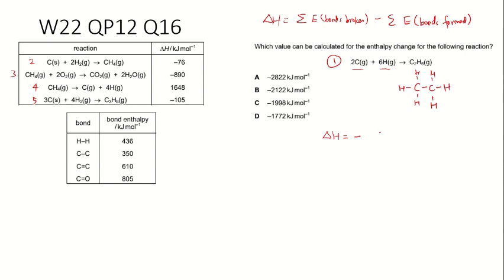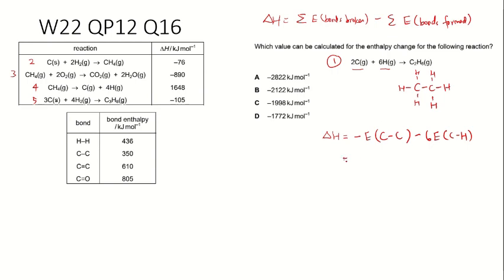We need to form one C-C bond. There's only one C-C bond, so I just put one. And also 6 C-H bonds. 1, 2, 3, 4, 5, 6. Minus 6 C-H bond, because formation of bonds is always exothermic, so negative and negative.